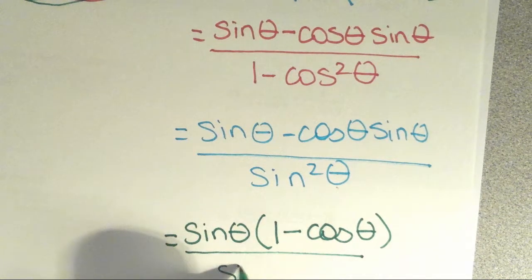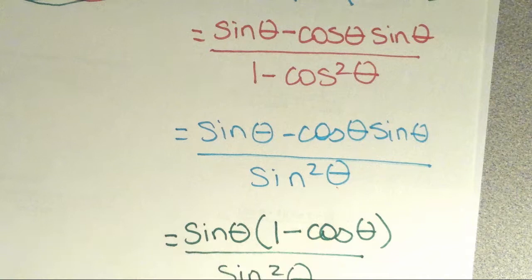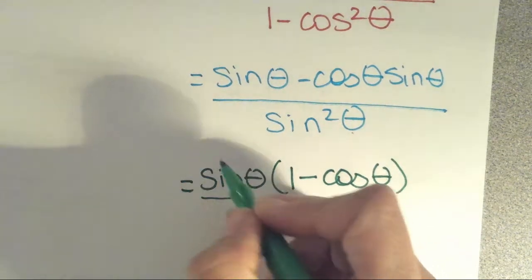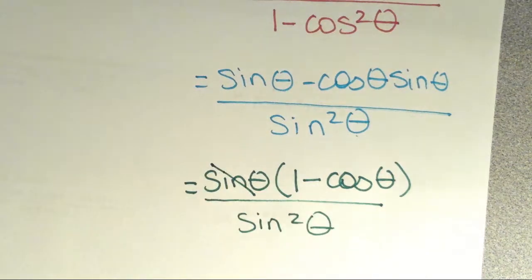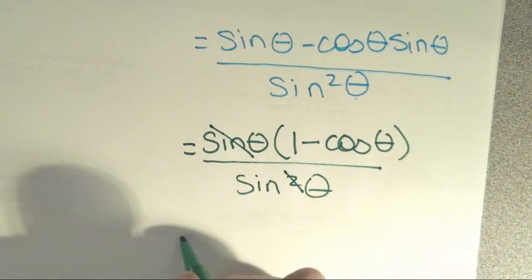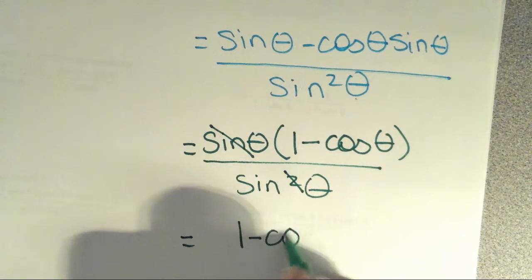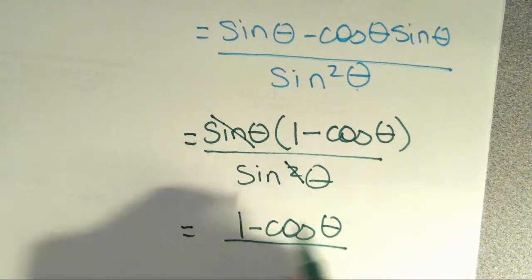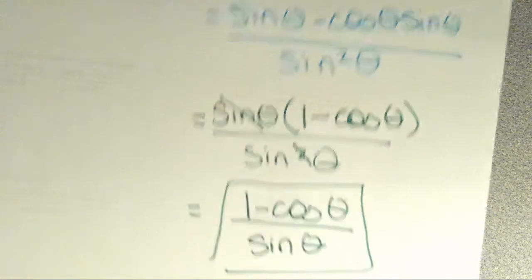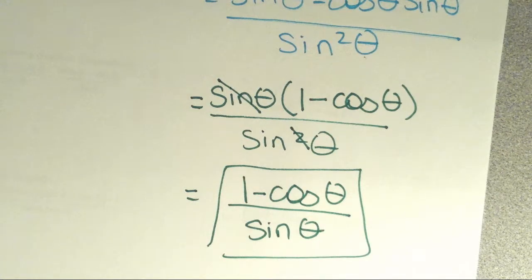And then I have a sine squared theta. So I have a sine and a sine squared. The sine on top is going to go away completely. I'm only going to have a sine on the bottom, not a sine squared anymore. My final answer is 1 minus cosine over sine. And that's number 12.